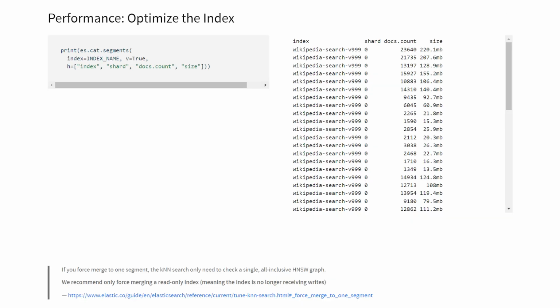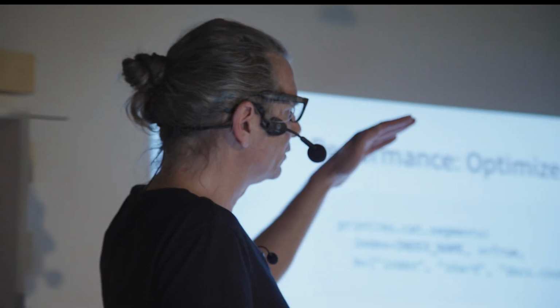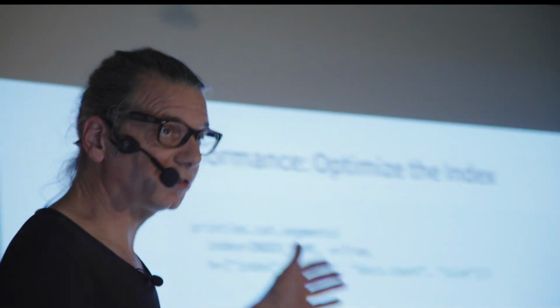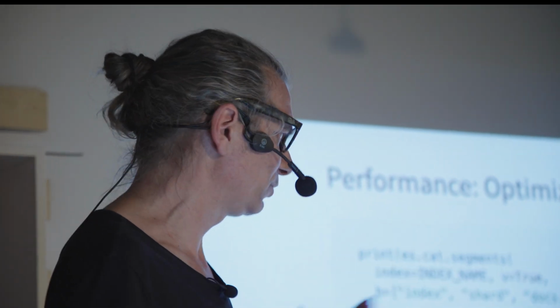And we can do another optimization. I don't have time to dive into this, but we can talk about it later. An Elasticsearch index is composed of shards, right? You possibly know that. And each shard is composed of segments. There are a lot of segments for this one shard, and these segments are really small, sometimes a couple of megabytes.